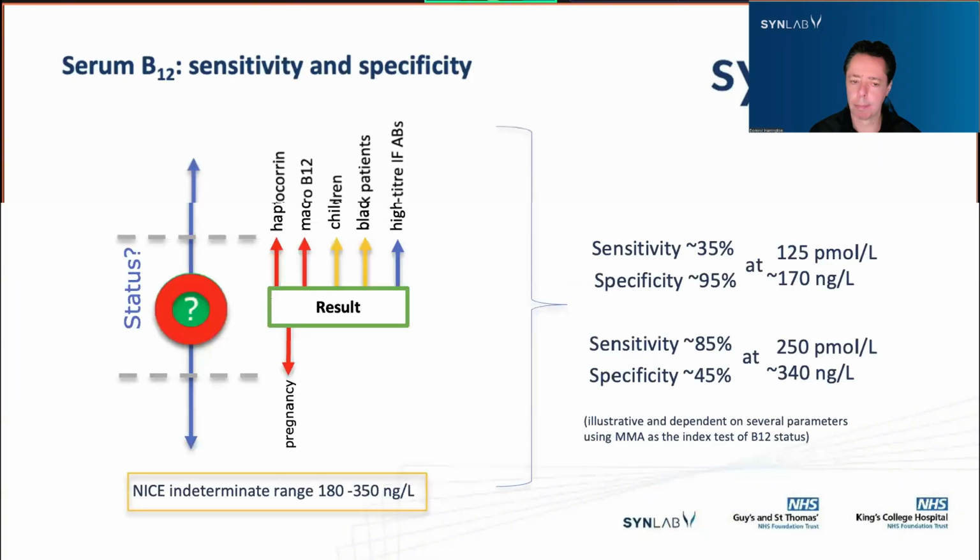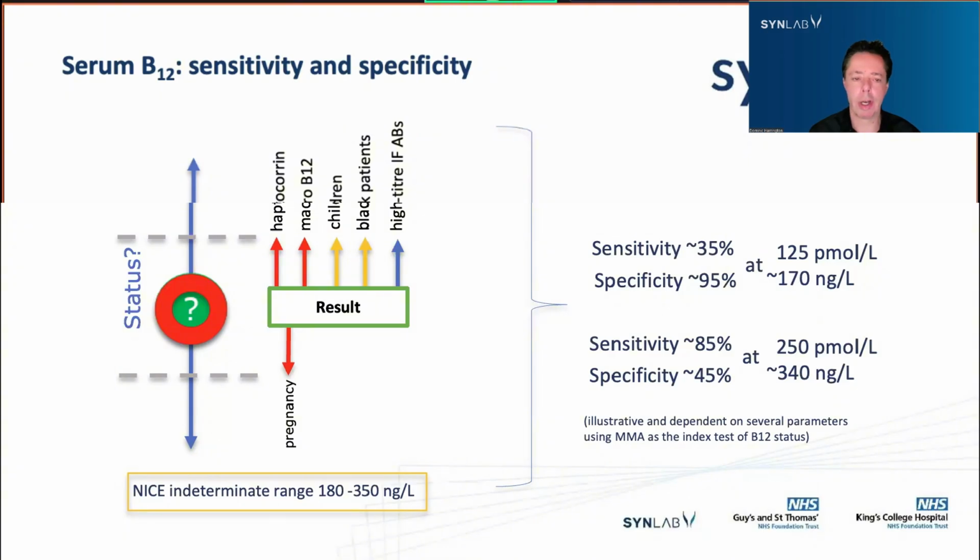So when you look at all the different factors that have a negative impact on the performance of the serum B12 assay, we see that estimates are that the sensitivity of the assay, if you have a low cutoff, let's say 170 nanograms per litre, is about 35%.